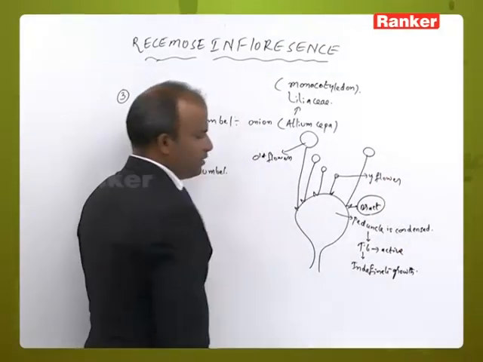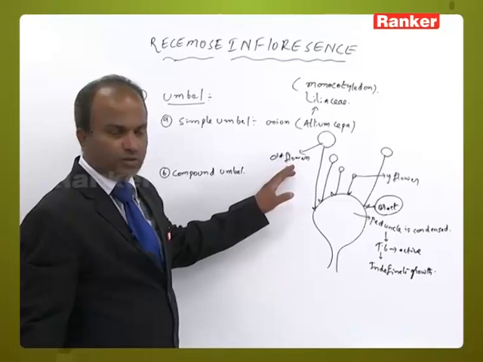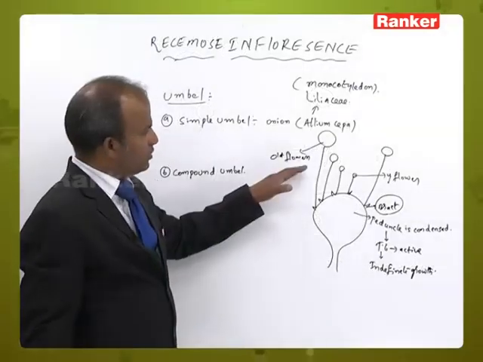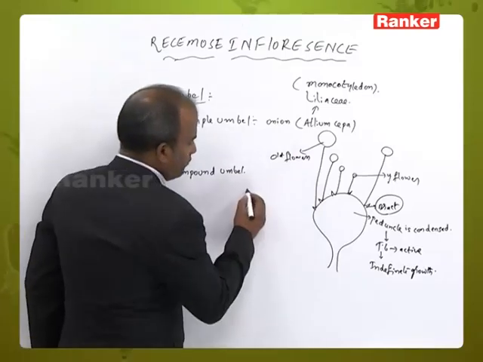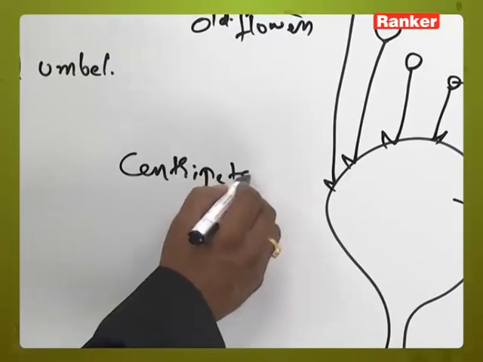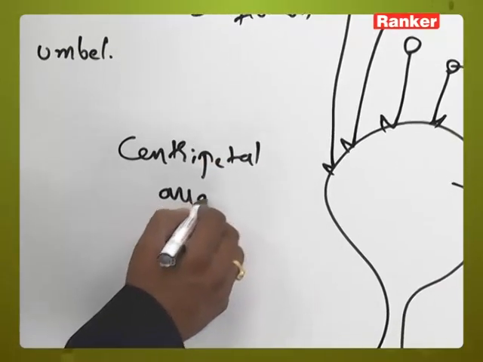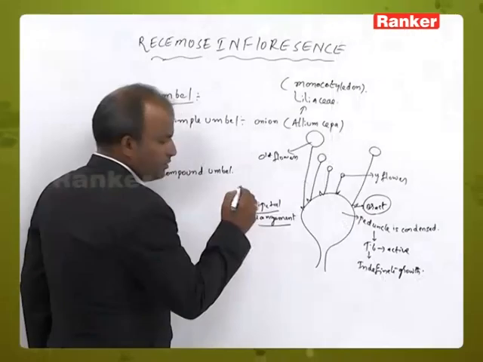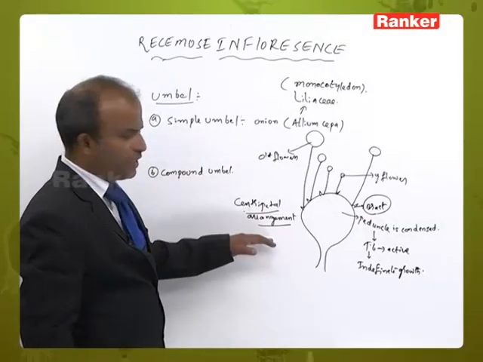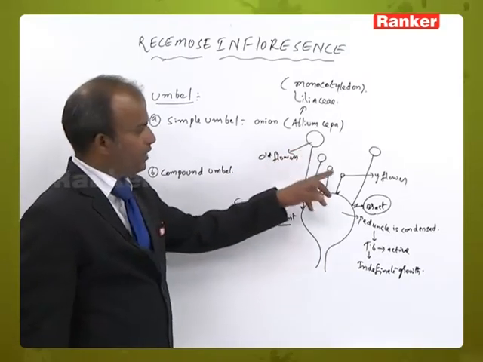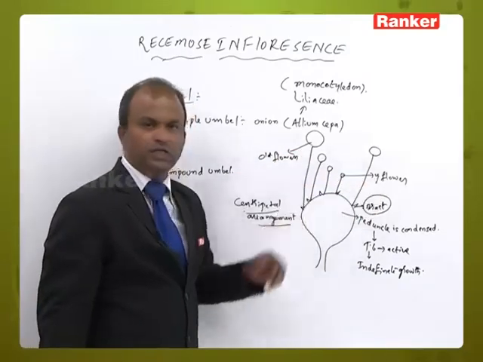The older flowers are present towards the periphery and the younger flowers are present towards the center. Can we call this type of arrangement a centripetal arrangement? Yes, it is a centripetal arrangement, meaning older flowers are present towards the periphery and younger flowers towards the center.